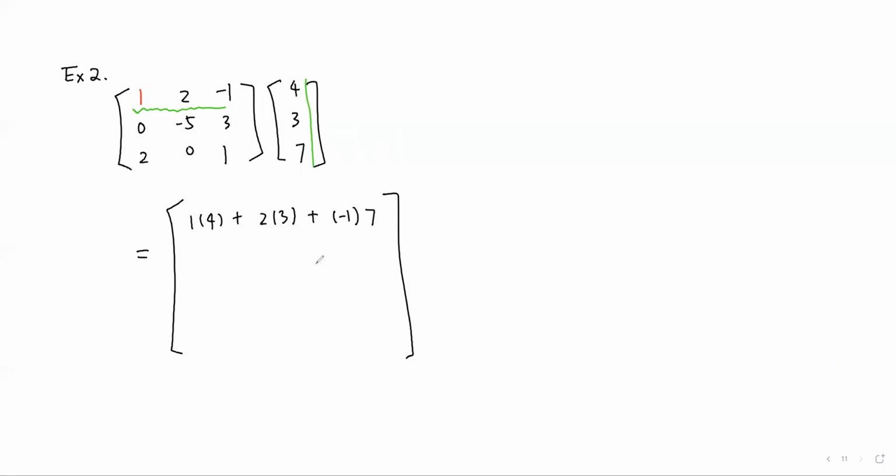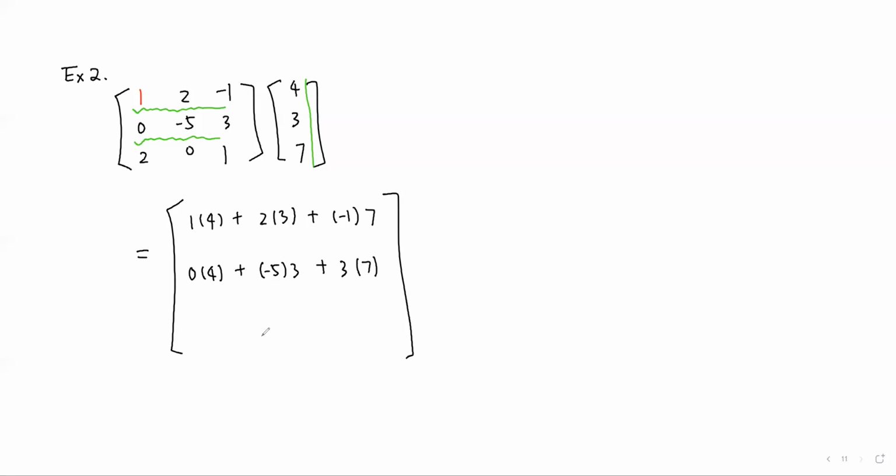Now the second entry is row 2 of the matrix times the vector. That means first entry of row 2 times first entry of the vector, 0 times 4, plus second entry times second entry, negative 5 times 3, and then third entry times 7.